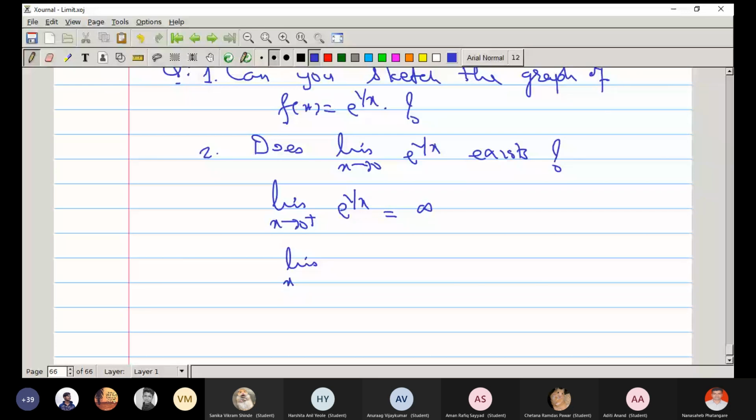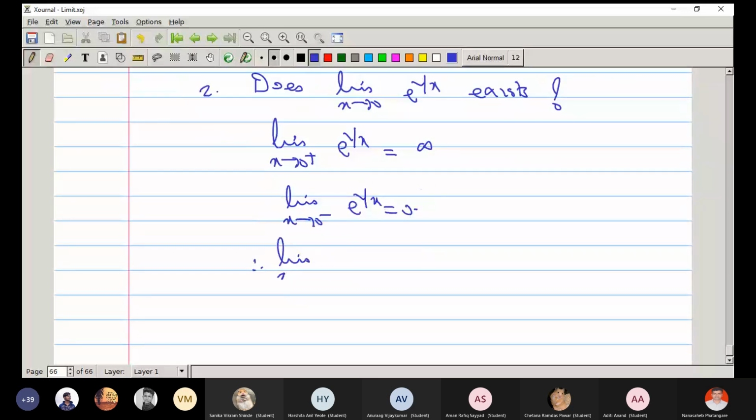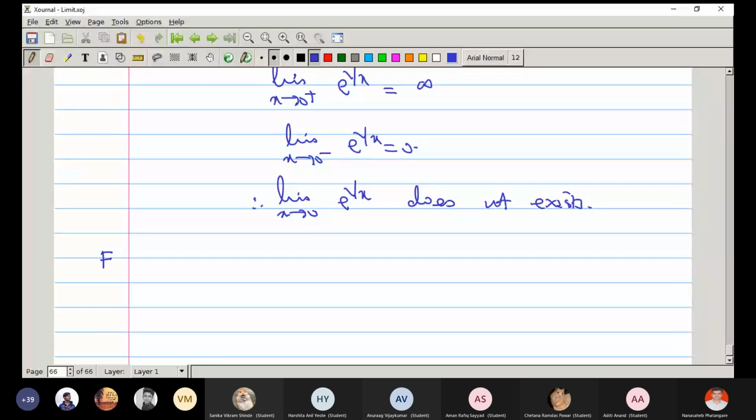Therefore, the limit as x tends to 0 of e raised to 1 by x does not exist. So we'll discuss different types of exponential functions during the practical session.